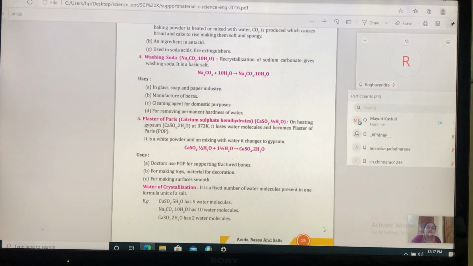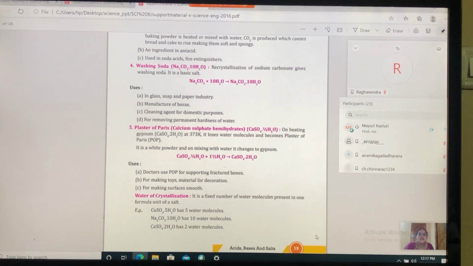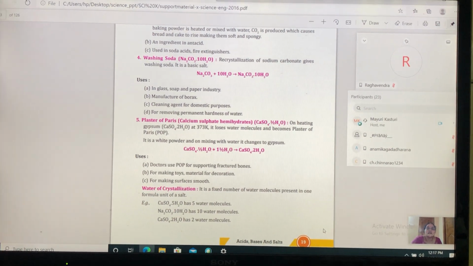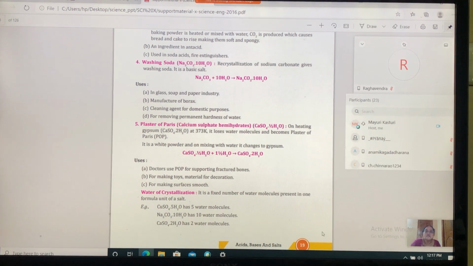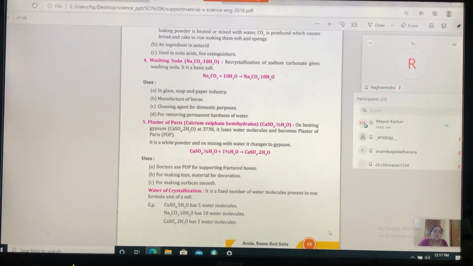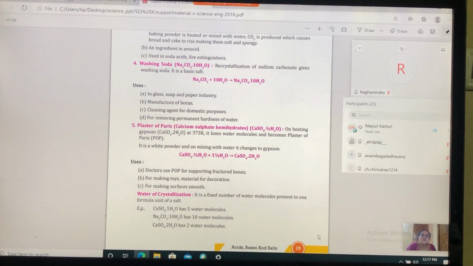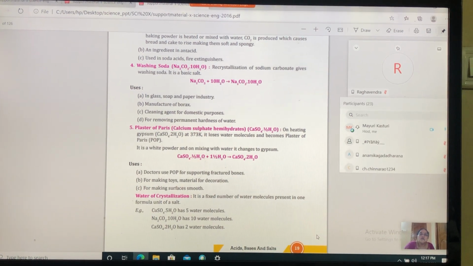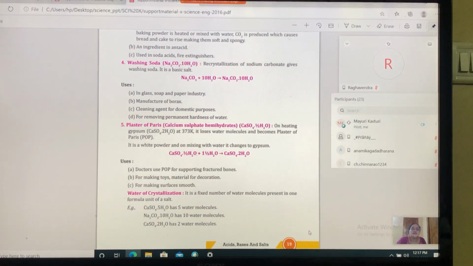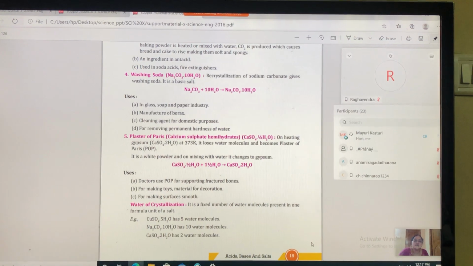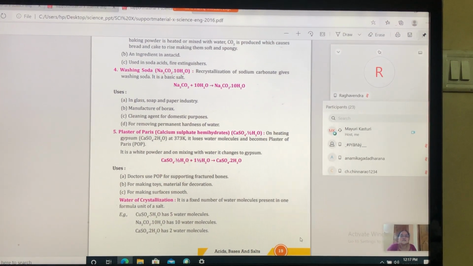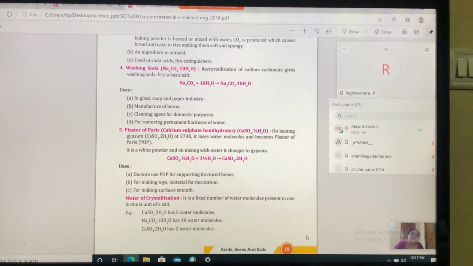When you heat gypsum at 373 Kelvin, it loses water molecules and becomes plaster of Paris, POP. It is a white powder. On mixing with water, it changes into gypsum. When you add water to plaster of Paris, again it becomes gypsum.